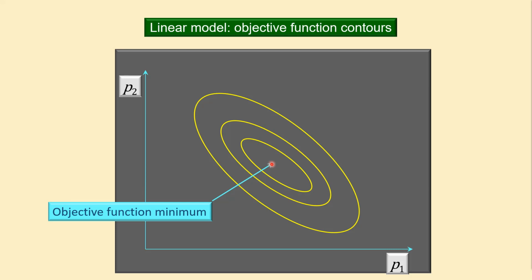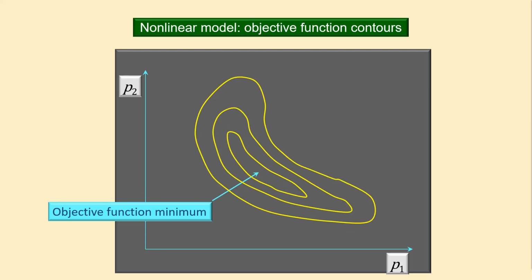If I'm working with a nonlinear model, the principle is the same, but the shapes of those contours are very different. They are no longer elliptical. They can have any shape. But at this stage, I'm assuming that we are still working with a well-posed inverse problem. Implied in that is that these contours have a minimum.